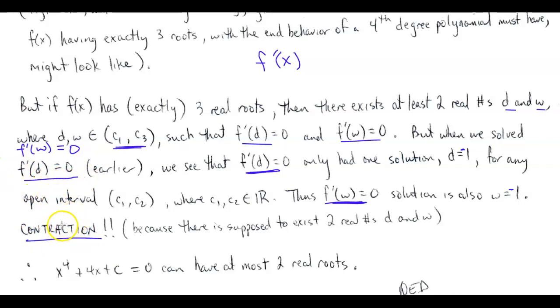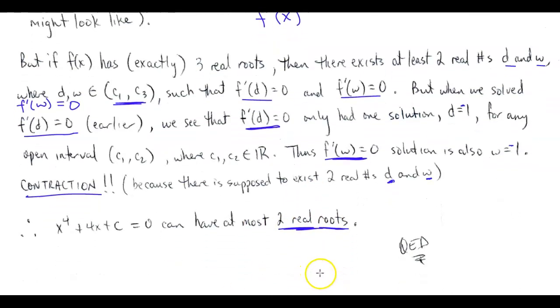Not a contraction, this is a contradiction. So we know that we can't have these 2 values that are distinct to give us this situation for 3 real roots. So we know that we can only have 2 real roots because of that.